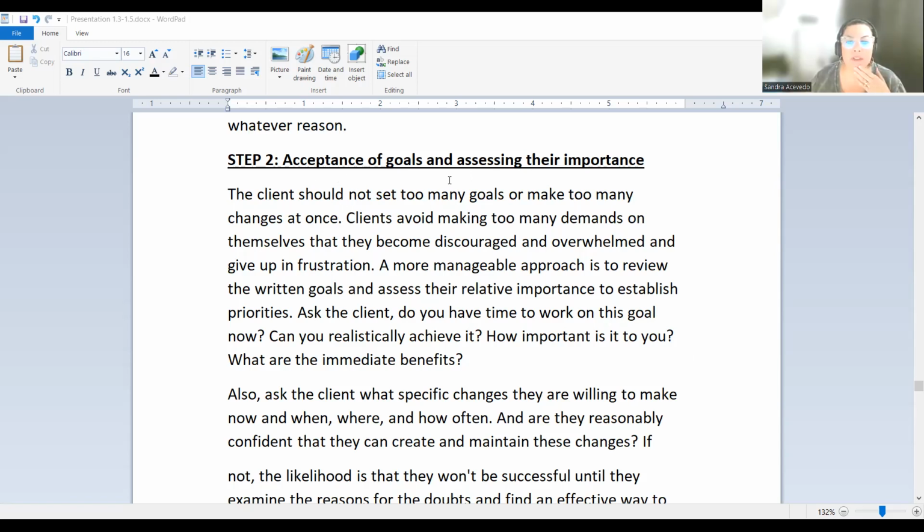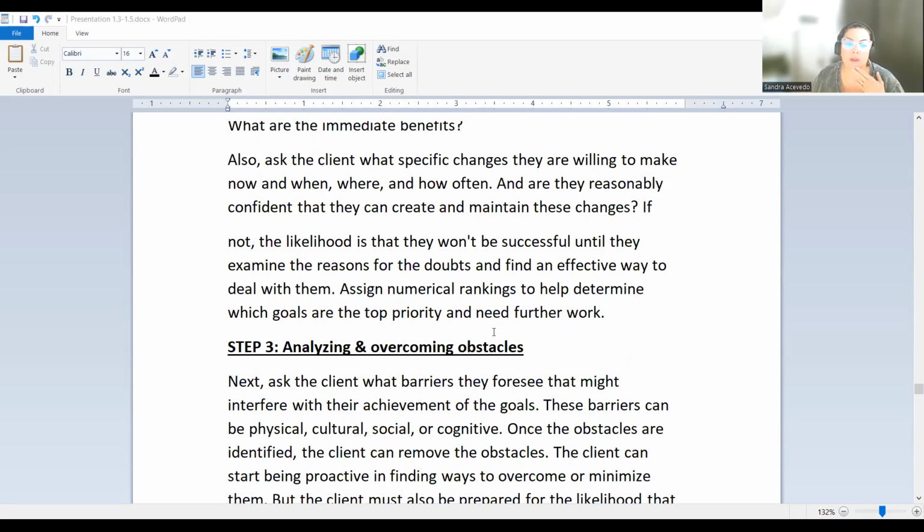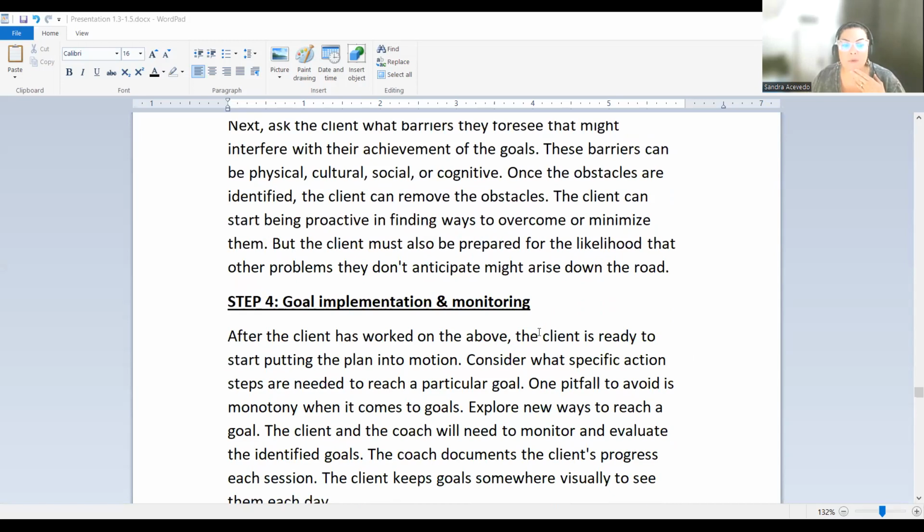Yes, so acceptance of goals and assessing their importance. Then analyzing and overcoming obstacles would be step 3. Step 4 is goal implementation and monitoring.